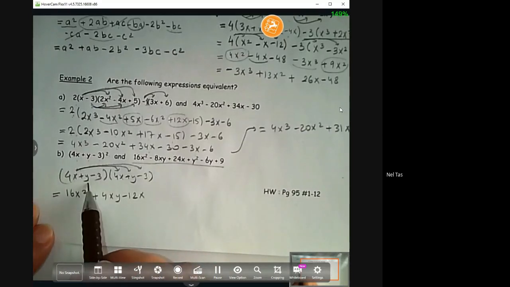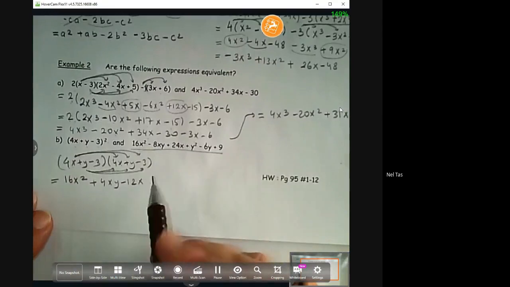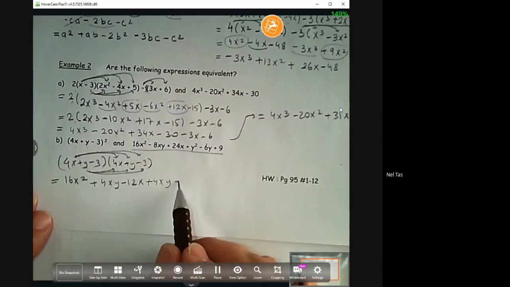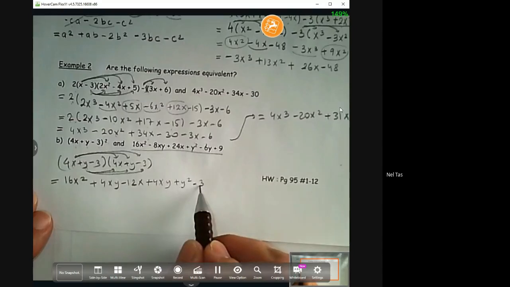Now take the second term from the first bracket. Again, multiply every term in the second bracket by that. Y times 4x, 4xy. Y times y, y squared. Y times negative 3, negative 3y.